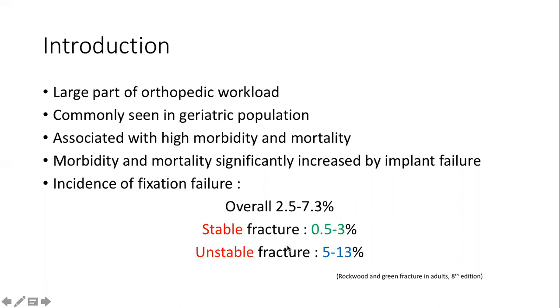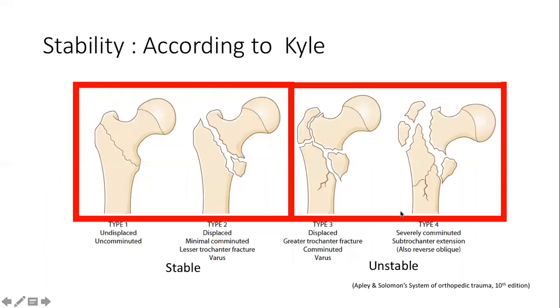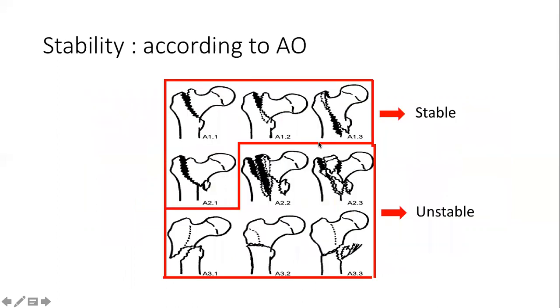Now, which are the fractures that are unstable? Kyle tried to classify fractures based on their morphology, and he defined type 1 and type 2 as stable fractures, and type 3 and type 4 as unstable fractures. But there is some inter-observer variability, especially between type 2 and type 3, and there are some important components which were not addressed by the Kyle type, which need special attention.